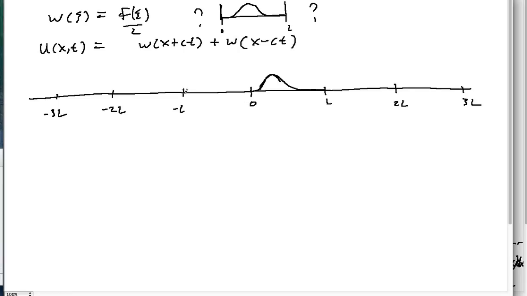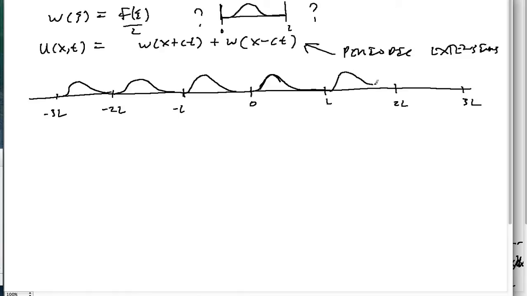So I can put that there. Remember, the Fourier series are actually periodic extensions, so there's going to be another one right here, identical. Everywhere you look, there's going to be one.